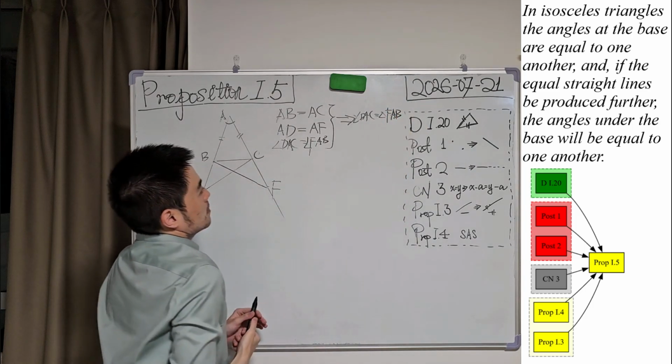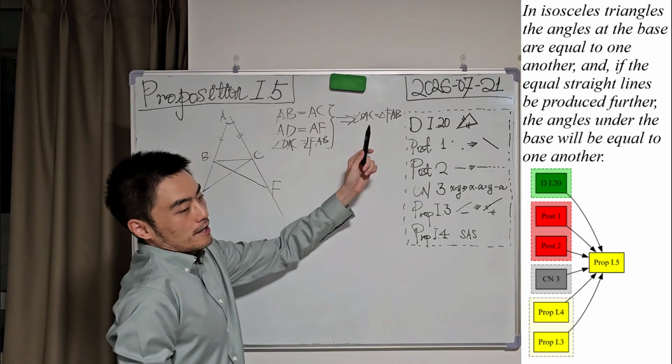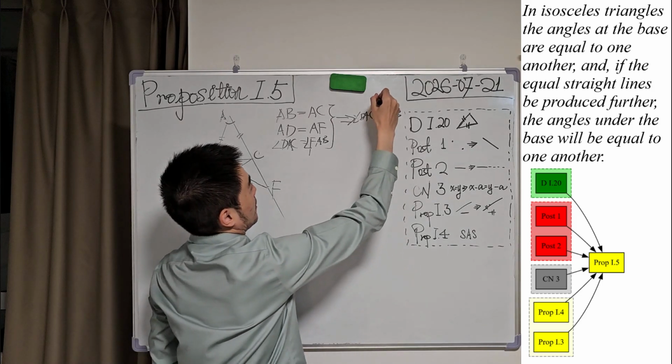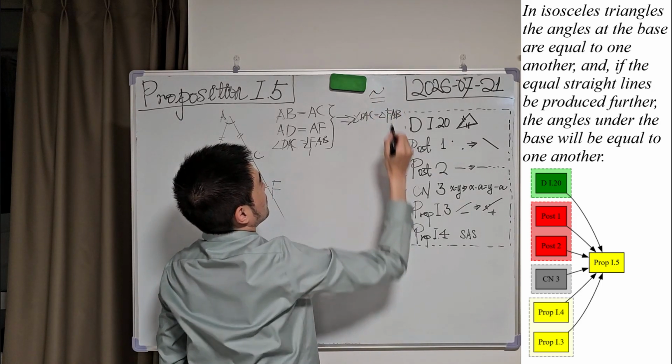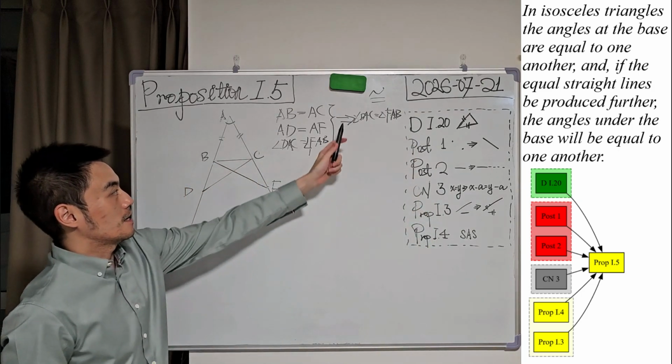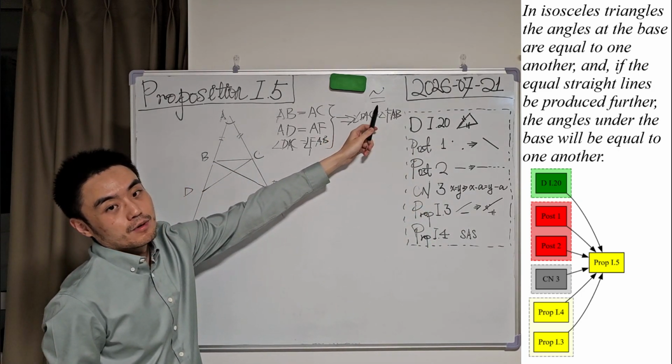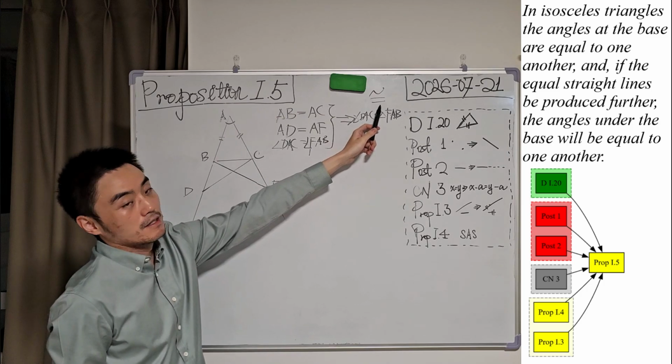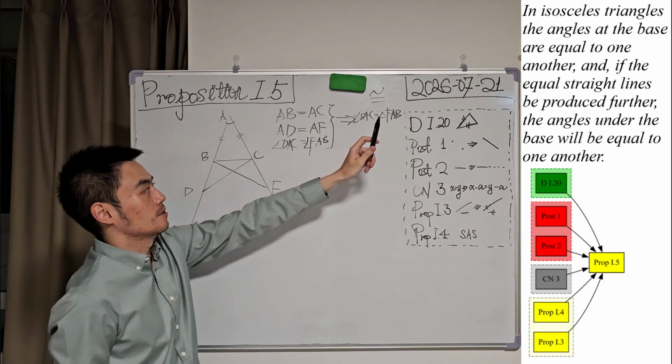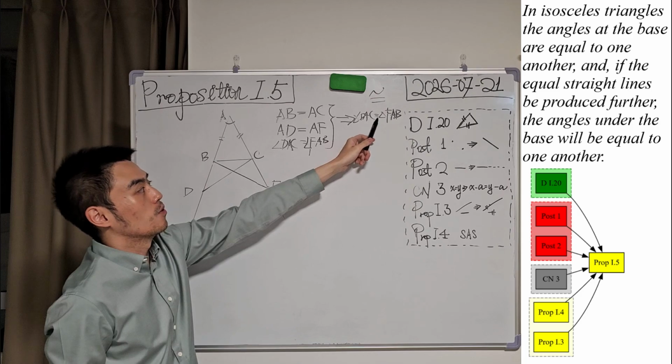Great. To be honest, these two triangles are congruent like this. But as Euclid had not defined the symbol or the definition of congruence, so let me just use equal here, okay?